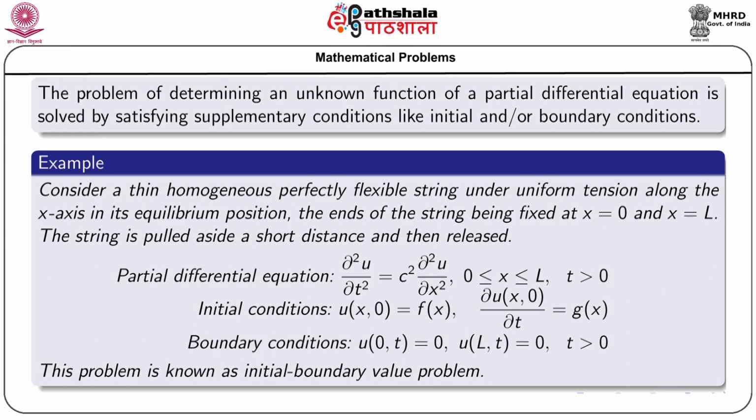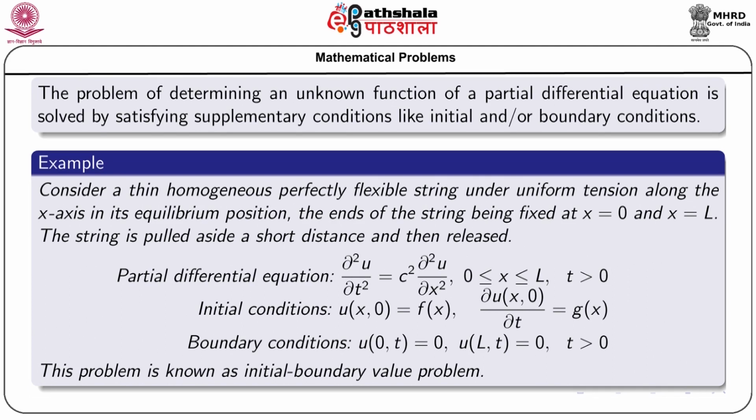Those are initial conditions, which are the conditions given at time t equals 0. So, u(x,0) equals f(x), that means we are assuming the position of the string obeys some function f(x), and the velocity of the string is given by the function g(x).